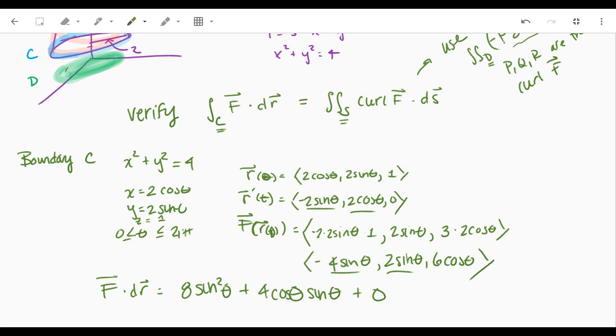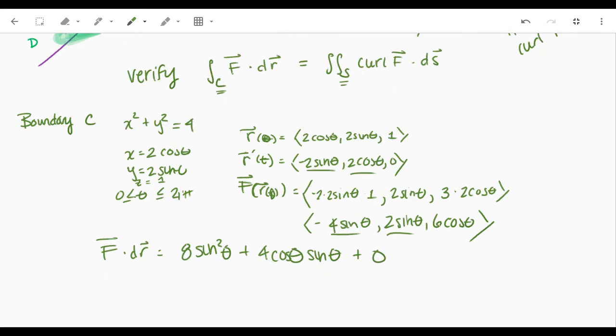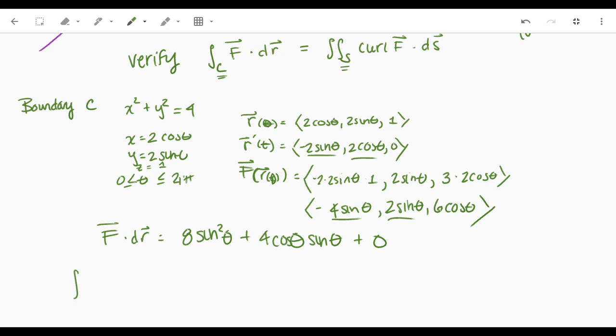Okay, so we would do then the integral from 0 to 2 pi of 8 sine squared theta plus 4 cosine theta sine theta d theta. Okay, and we're going to split that up into 2 separate integrals.